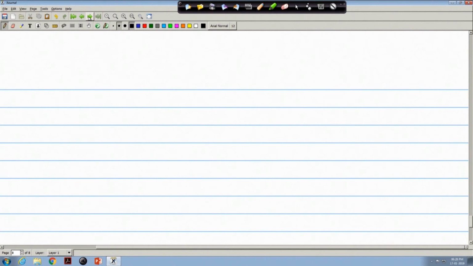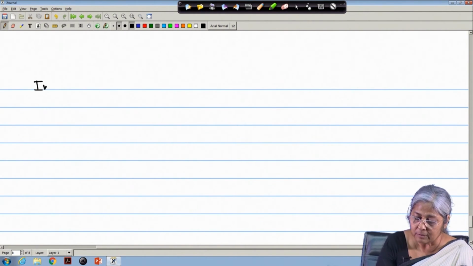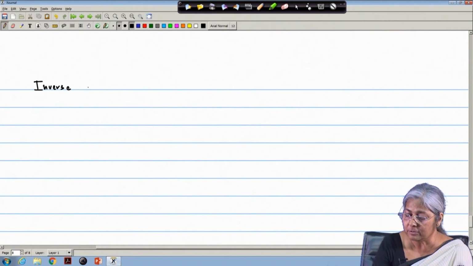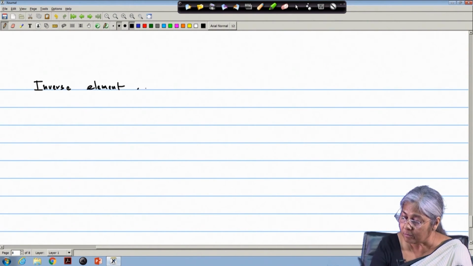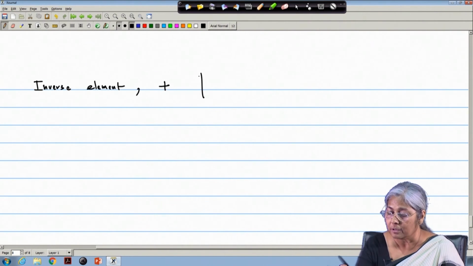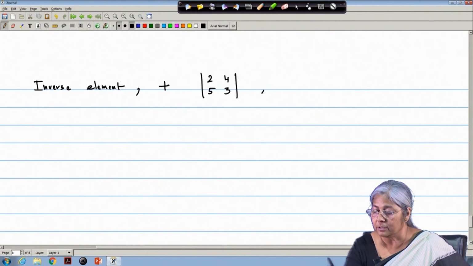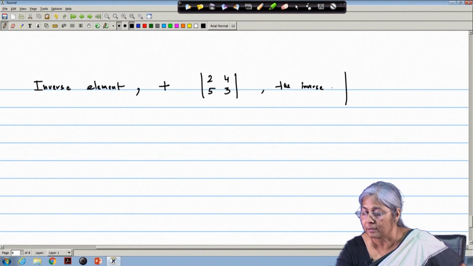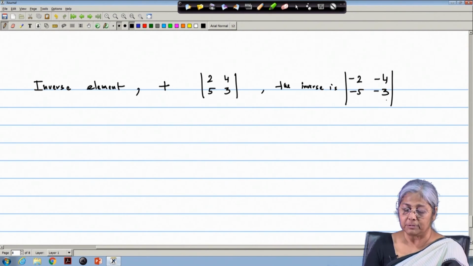Now, the inverse also exists. The inverse element with respect to addition, say if it is 2 4 5 3, the inverse is -2 -4 -5 -3, because this is my additive inverse.